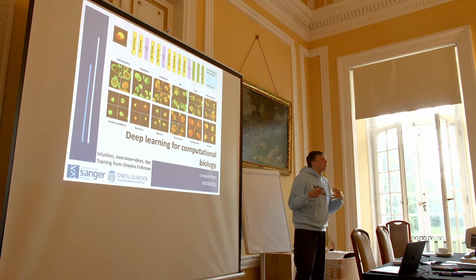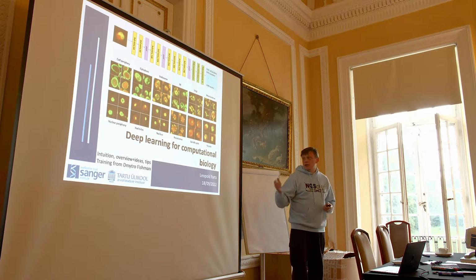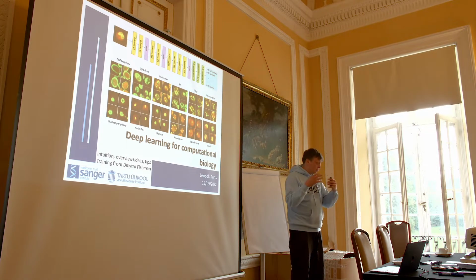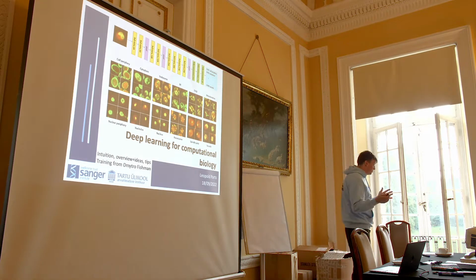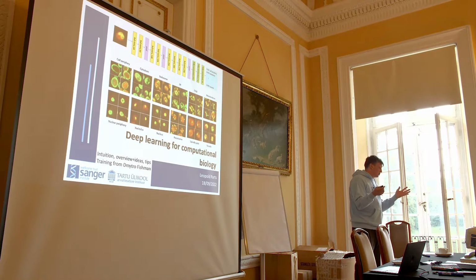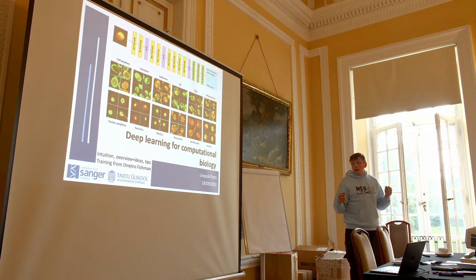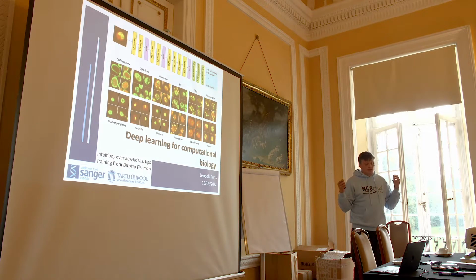So really, I feel like I have a free pass to talk about things that I think are important. So I thought I'll say a little bit about intuition and background to deep learning, just to bring everybody up to speed, also who hasn't applied them in practice. I'll spend most of the time on examples from computational biology of how deep learning is used.